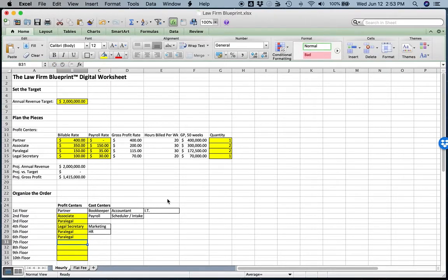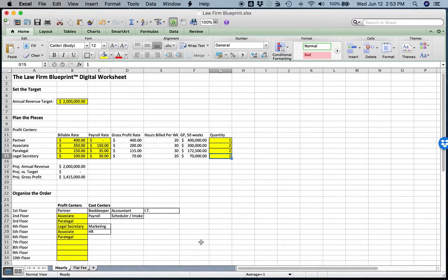Okay, so that gets us to the, we added in a legal secretary, my bad. Oh, you know what? I made a mistake. We added an associate here and then a paralegal. There we go. And that gets us to our one partner, 2 associates, 2 paralegals, and 1 legal secretary.